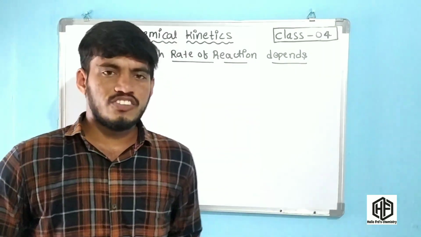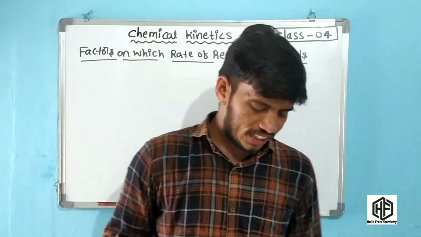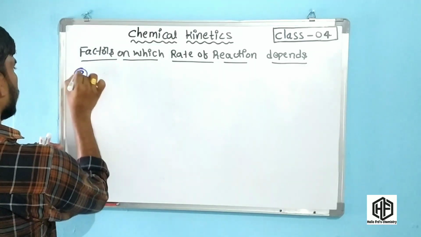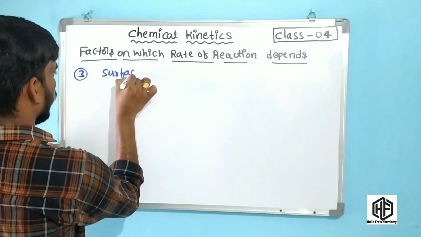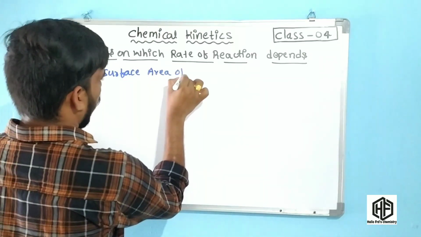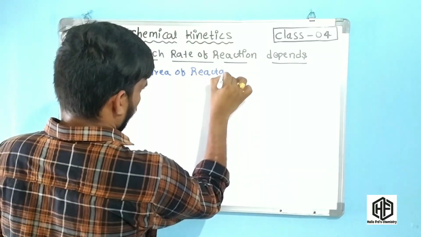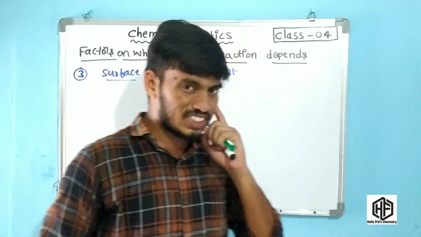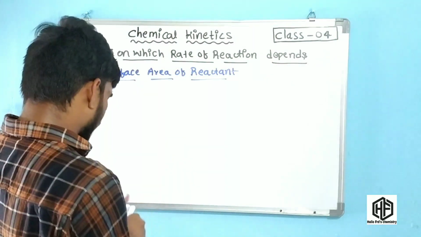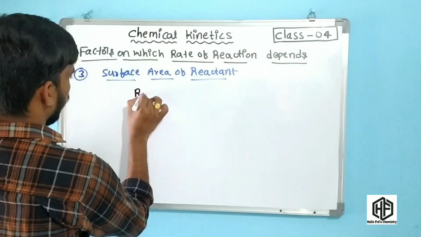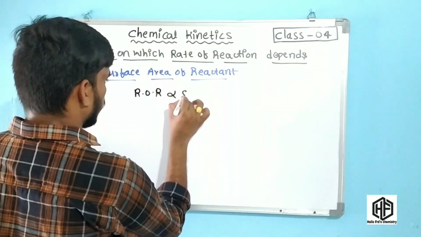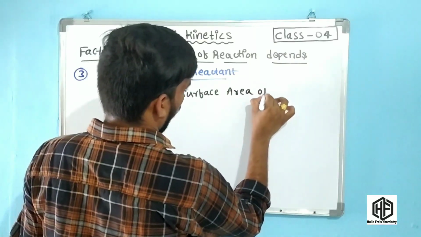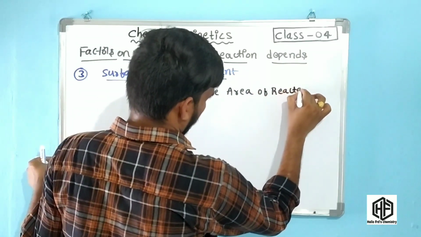Friends, the next important factor is the surface area of reactants. The third one is the surface area of the reactant. Friends, the rate of reaction is directly proportional to the surface area of the reactant.